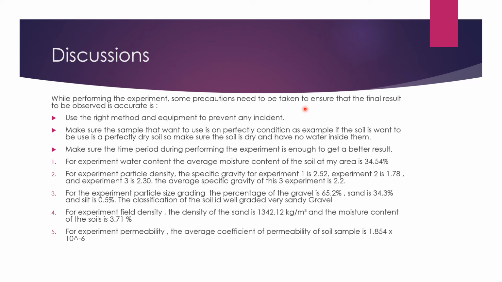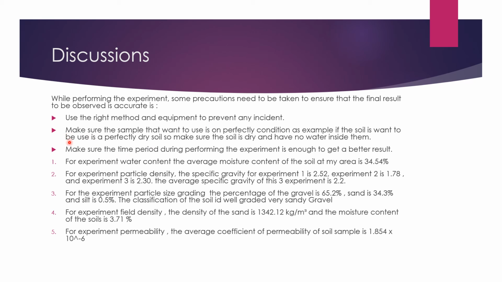So the data that I have might differ from the expected data. But the objective of this project is to show how to conduct the experiment the right way and to get the right data.